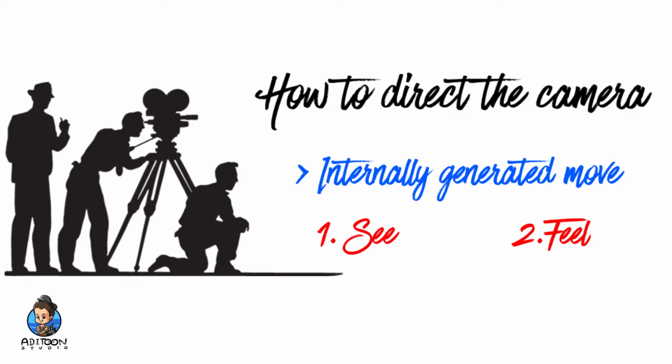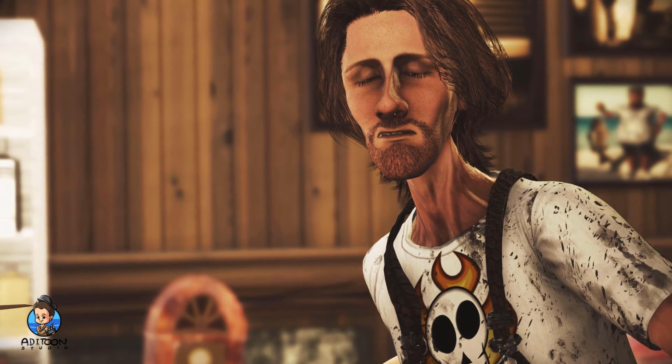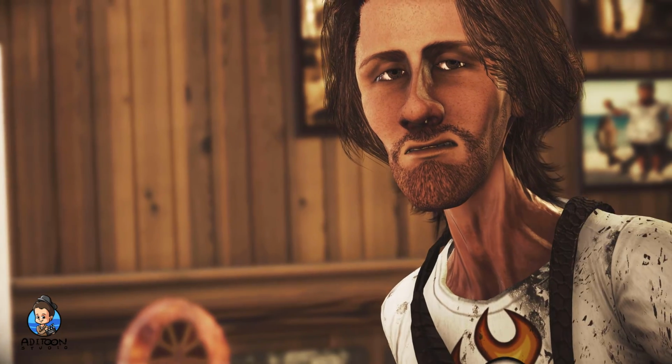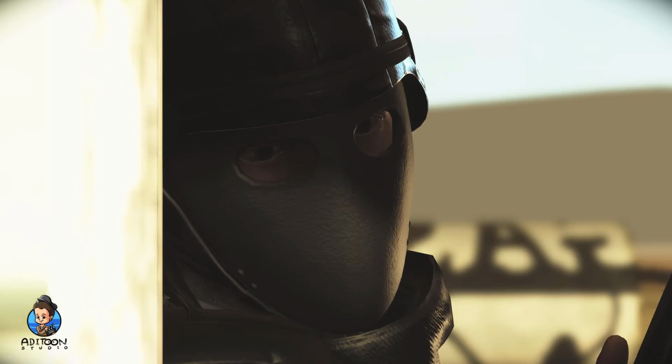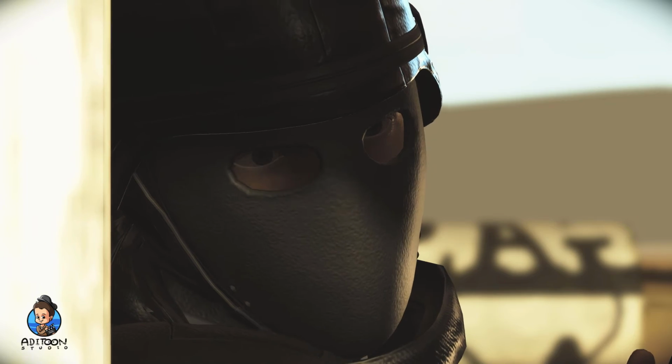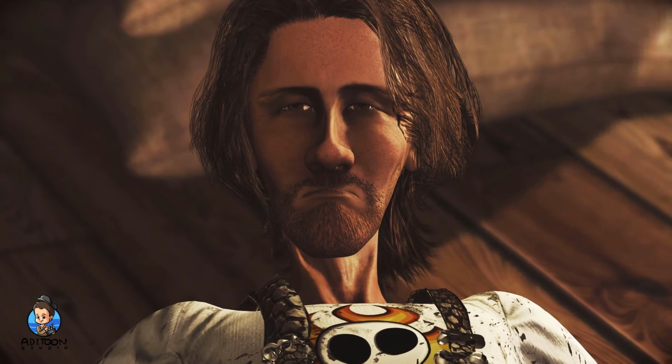Now let's have a look at the other type of internally generated camera move, which is telling you how the character feels. Now look at this shot. The camera is moving even though he is standing. This is showing us how he feels, and this is the most common of internally generated camera moves.